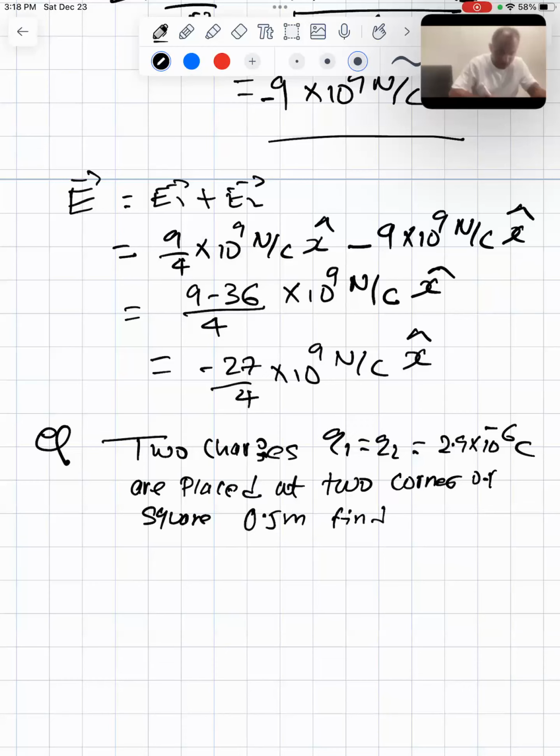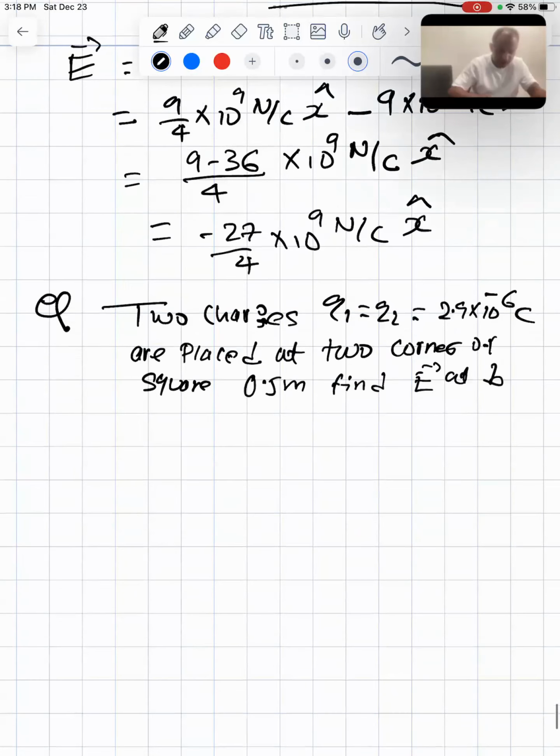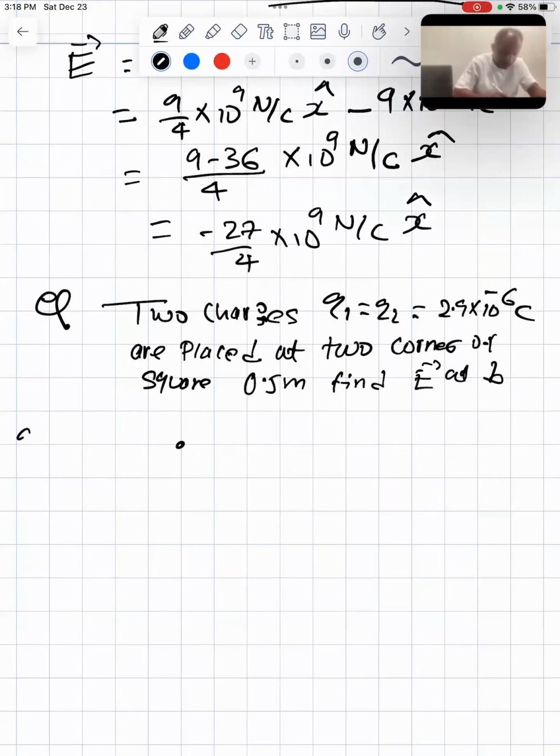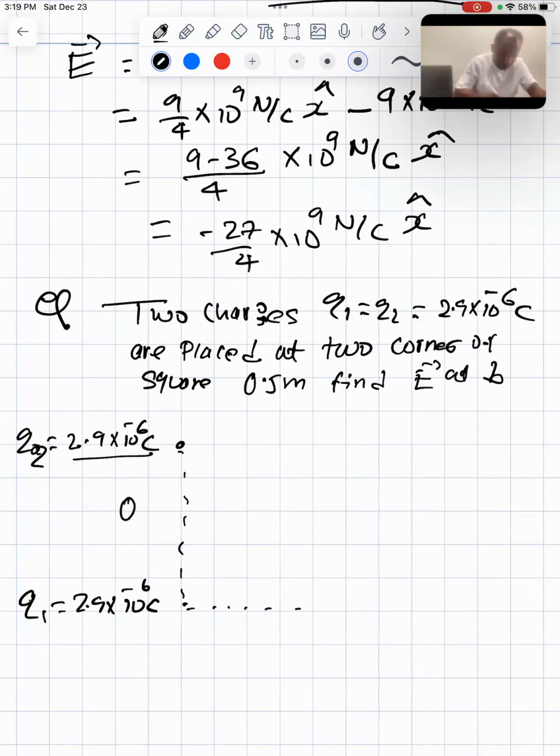Find the electric field at point B. So far I have Q2, which is 2.9 times 10 raised to negative 6 Coulomb, the unit of charge is Coulomb, don't forget. And then I have Q1, 2.9 times 10 raised to negative 6 Coulomb. And this is 0.5 meter. B is just a space. There's nothing there. And I want to find the electric field here.